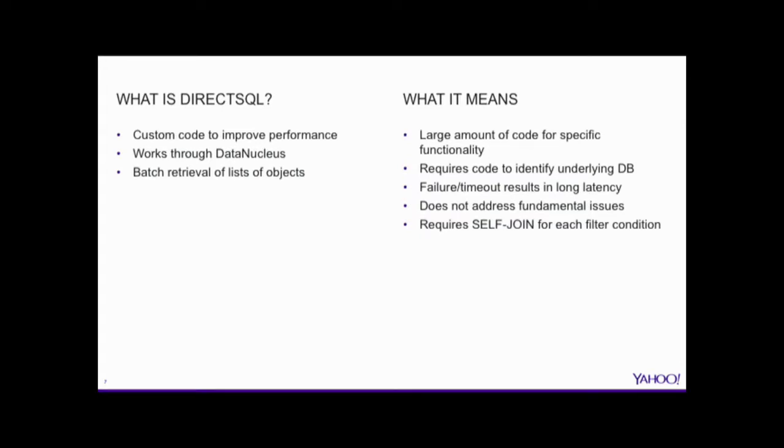And because of how this code was implemented, in that it circumvents all of the parts that make up the ORM layer and directly hits the underlying database, it requires a bunch of code in order to be able to probe and figure out what that underlying database is and what flavor of SQL it's actually talking.